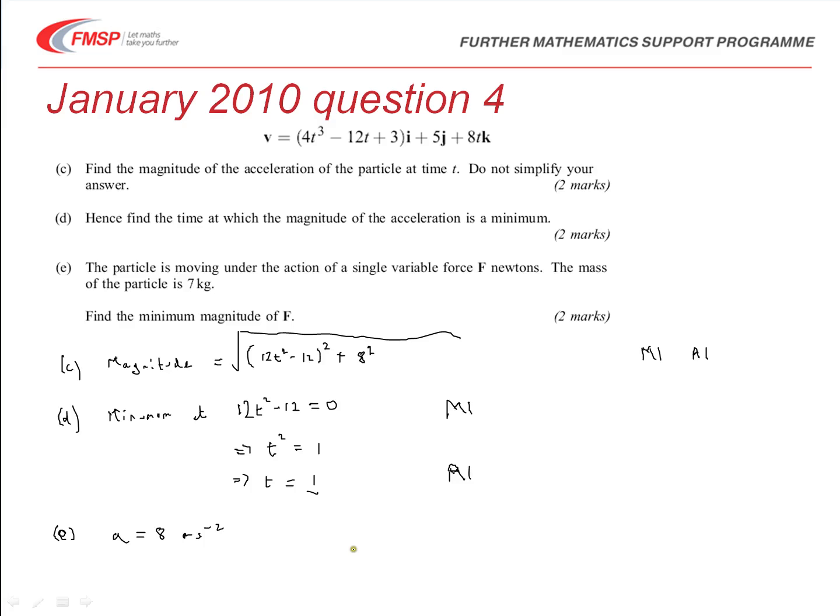So then, to find the magnitude of the single force that would create that acceleration, we can use mass times acceleration. The mass is 7 kilograms, the acceleration we know is 8, and so the magnitude of the force will be 56 newtons.